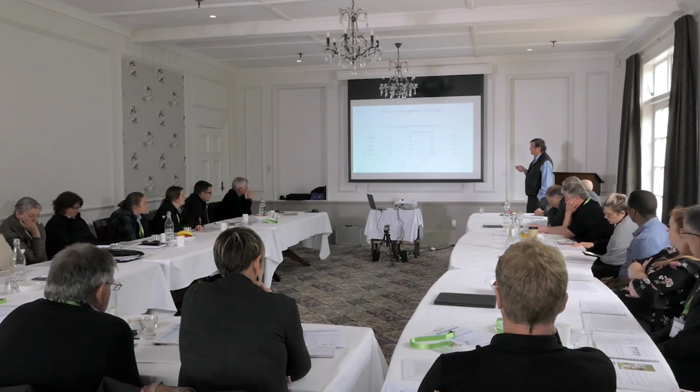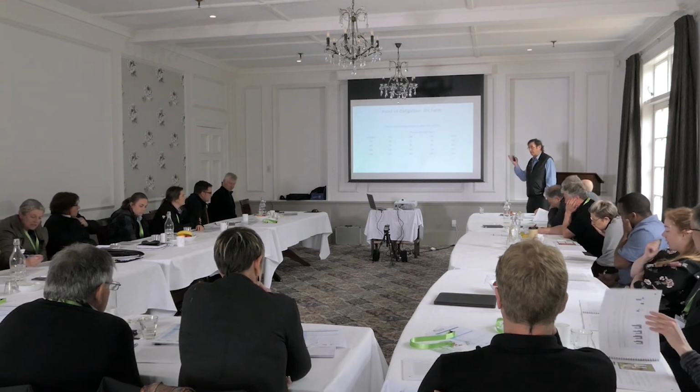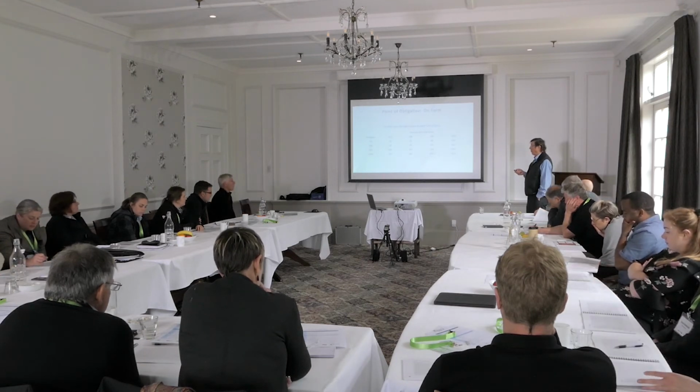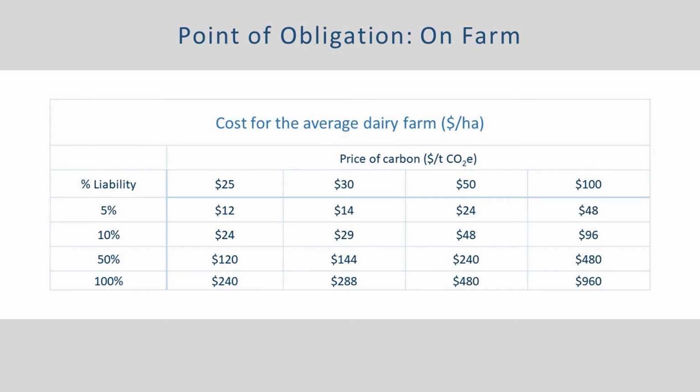So for the average sheep and beef farm, and this goes back to that 9.6 and 3.1 tonne average figures, that's what I've used these figures on. So $25 and 5%, it's $4 per hectare. For the average dairy farm, it would be about $12 per hectare. Now, if you do your maths, the average sheep and beef farm is about 640 hectares.